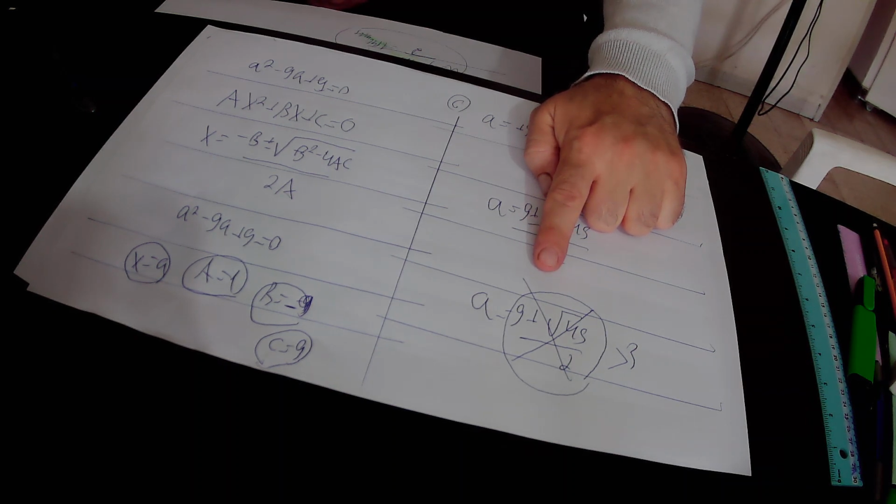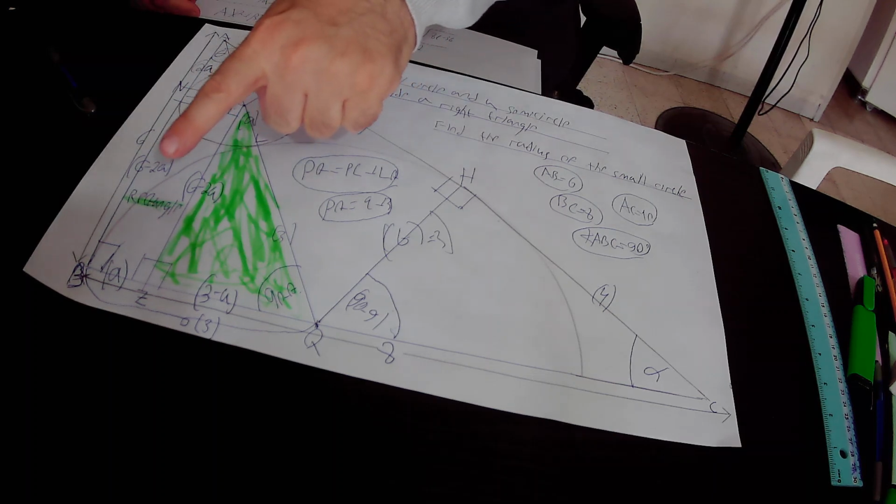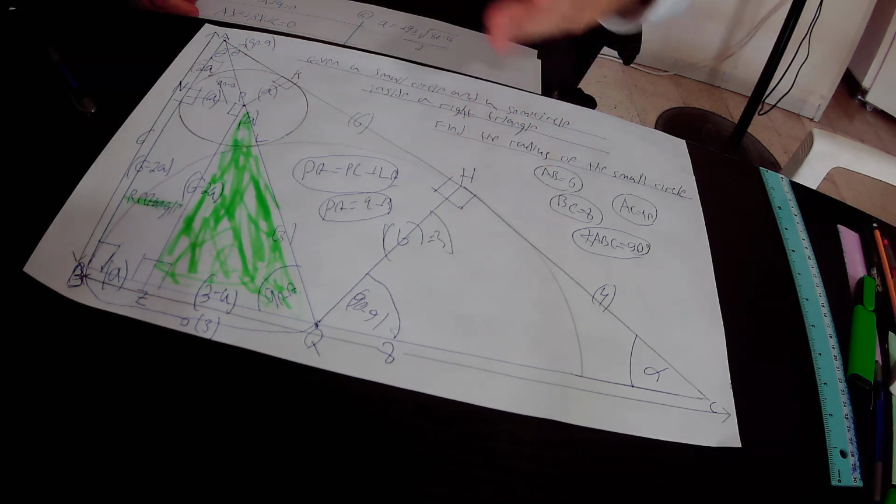but this expression, that is the radius of the small circle, is greater than 3. But the radius a of this small circle can never be greater than 3 because the radius of this big semicircle equals 3.